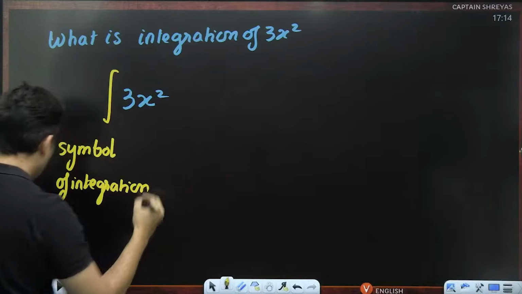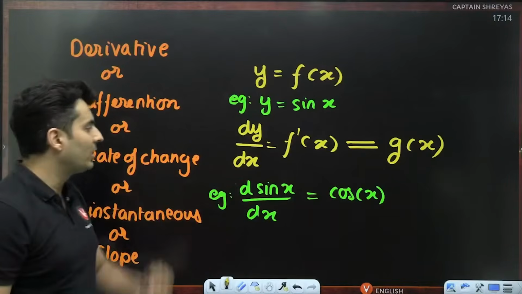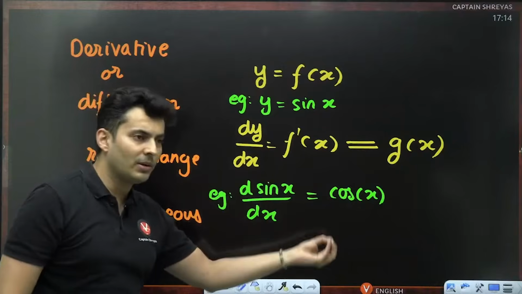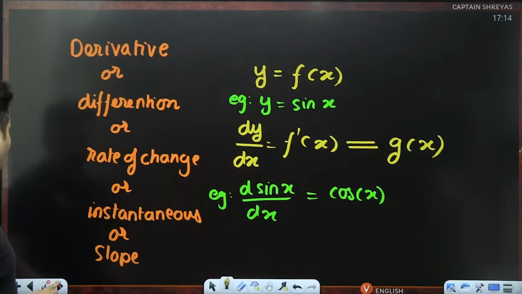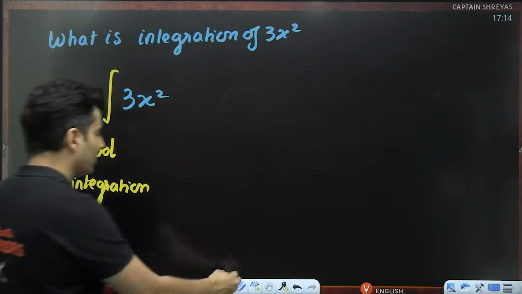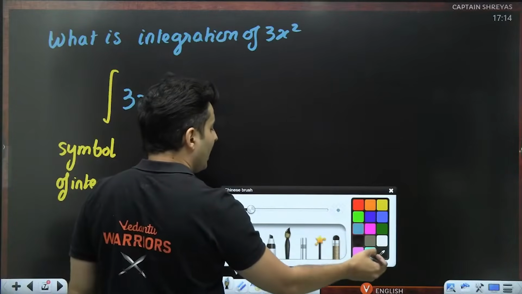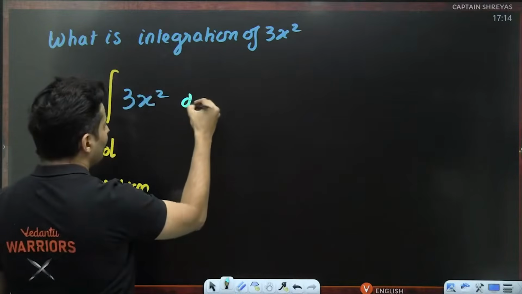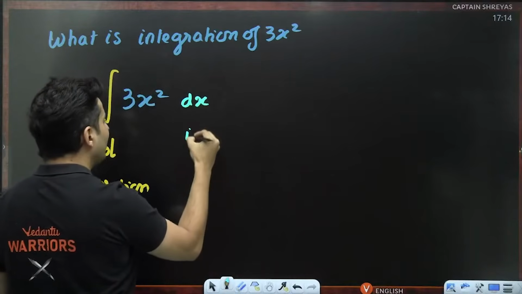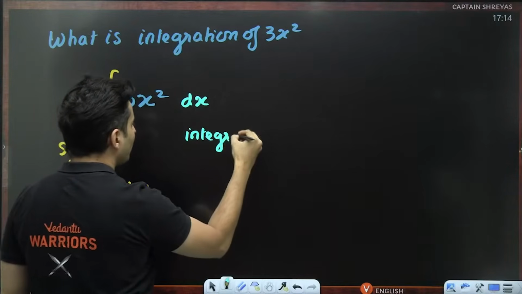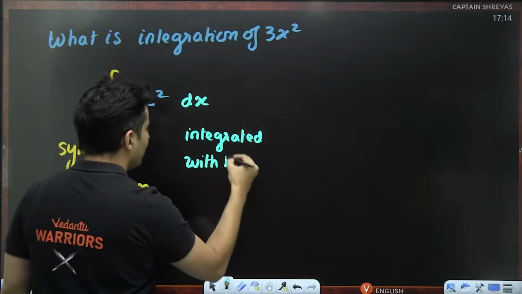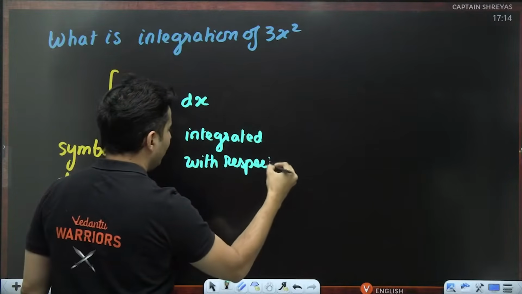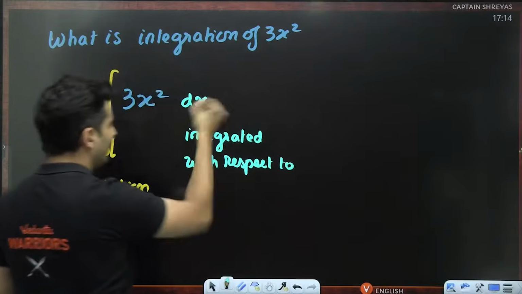Just like you used to differentiate with respect to x, derivative with respect to time, rate of change with respect to z, in the same way you also integrate with respect to something. So maybe I can just say dx over here. This is integrated with respect to what variable?